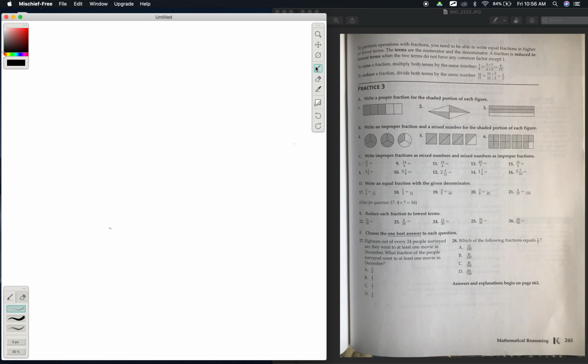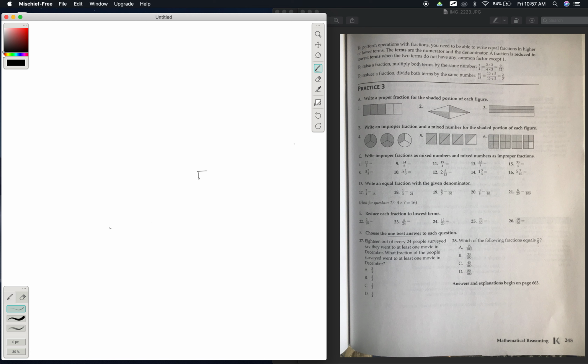So for example, write improper fractions as mixed numbers and mixed numbers as improper fractions. So 17/3, that's an improper fraction. So again, how do we do that? 3 goes into 17 how many times? Well, I know 3 times 5 is 15. If we were to go any higher, 3 times 6 would be 18, so it would pass 17. So stick with 3 times 5, which is 15.